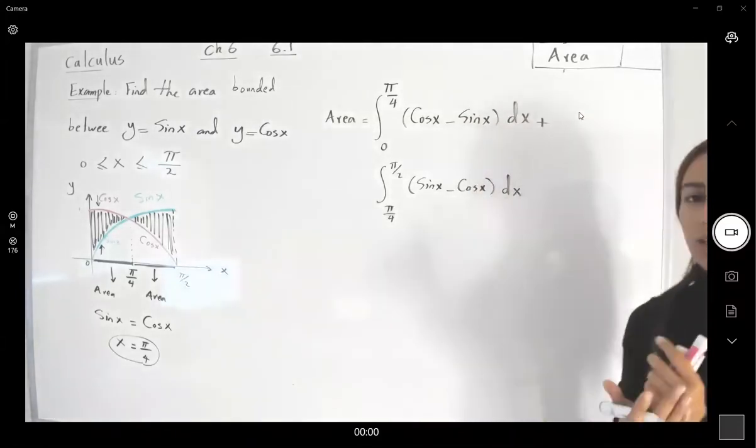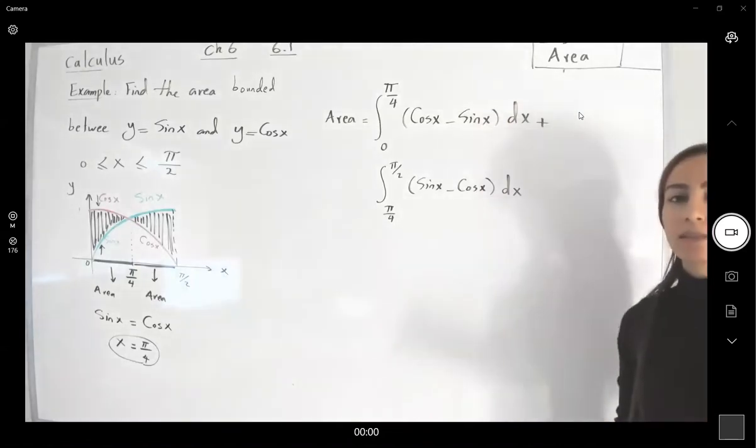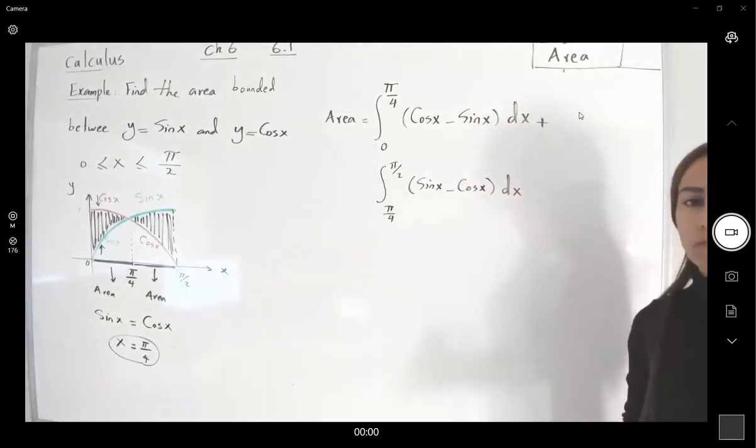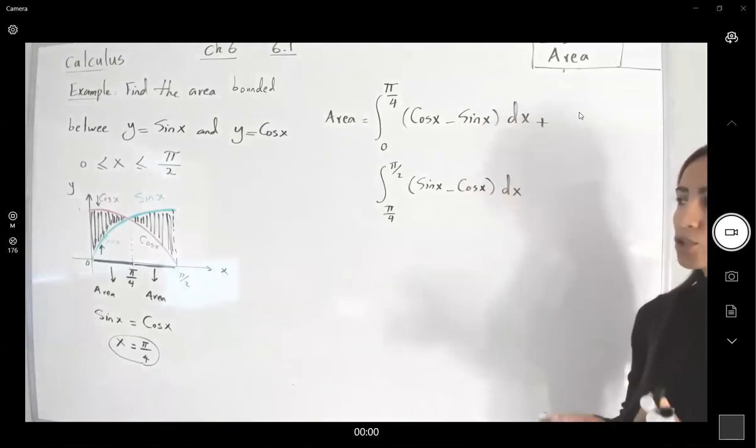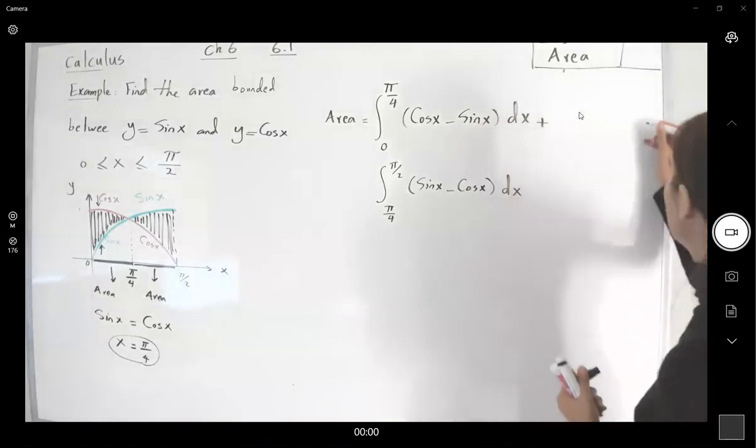My next question is, well, can I just find one of these areas and multiply by 2? Is it possible to do that? Do I have symmetry? Are these two the same area? We're going to investigate that as well. Very well.